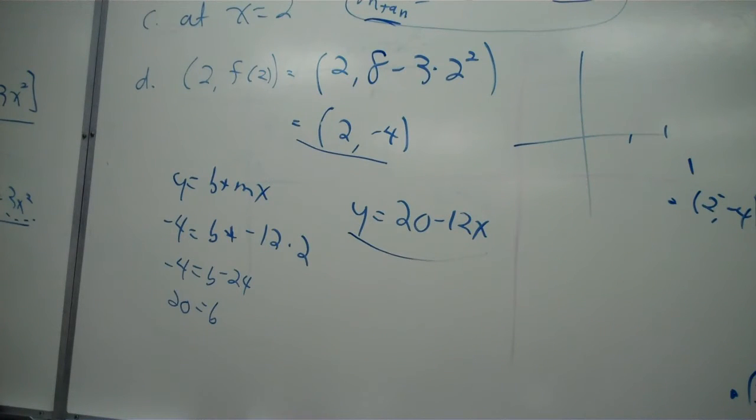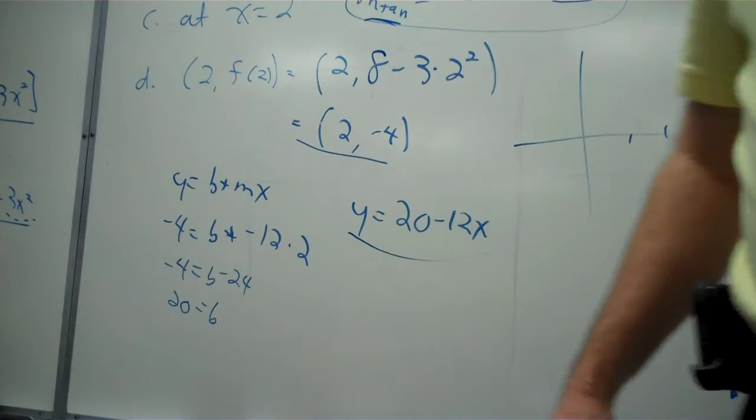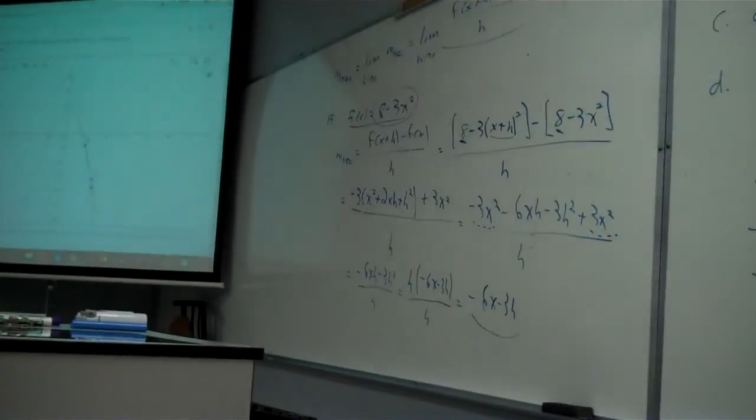Other functions, there's even more algebra. There are certainly functions we might want to think about where we can't do the algebra. So we're hoping to come up with easier ways to find this slope of the tangent line than always having to resort to this algebraic manipulation.